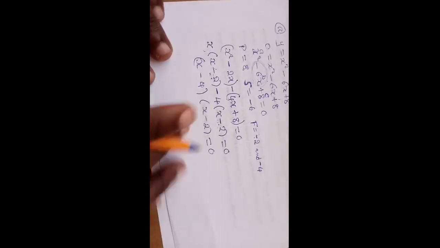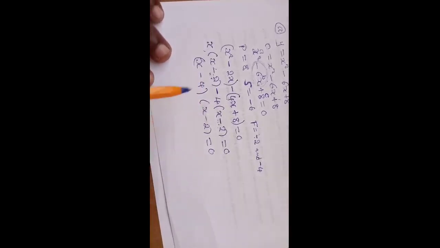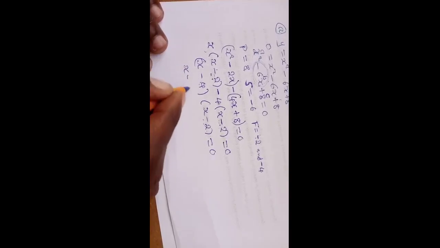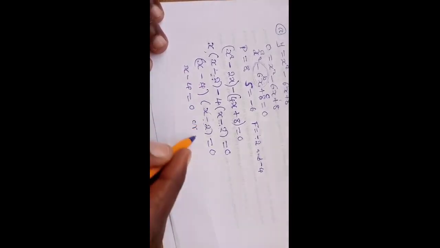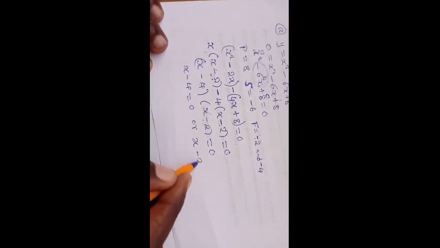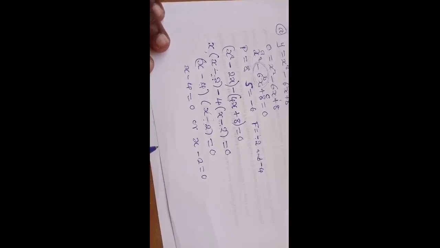So when you reach this point, you have two factors equated to 0. They are supposed to be equated to 0 individually. So we say x minus 4 is equal to 0, or x minus 2 is equal to 0.